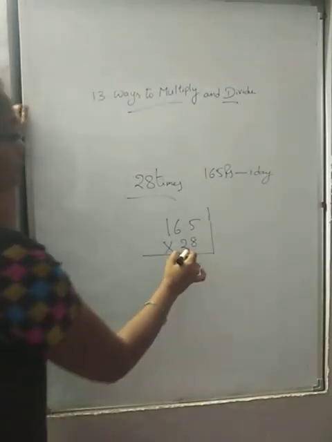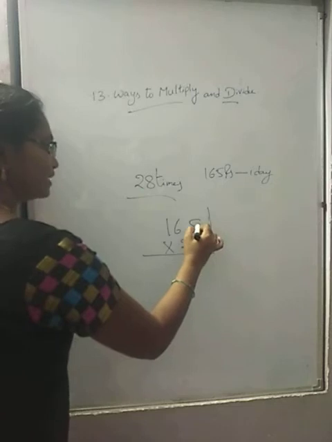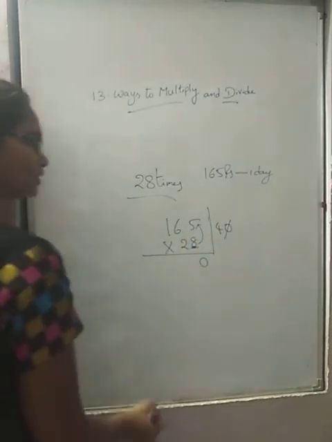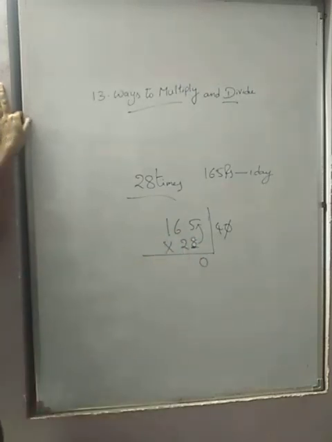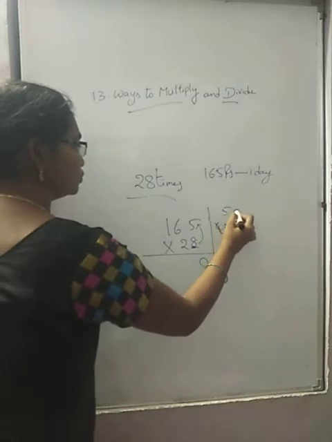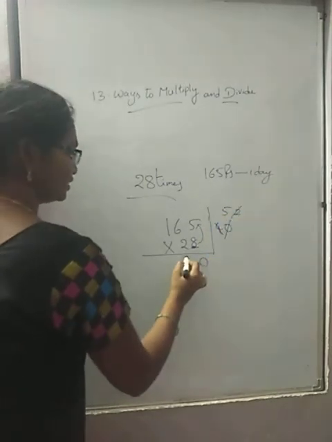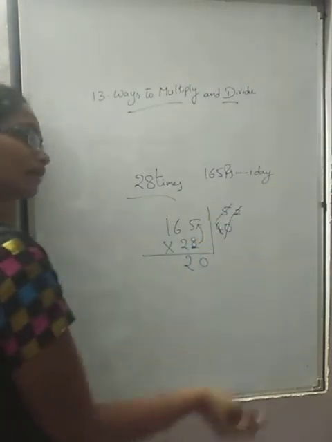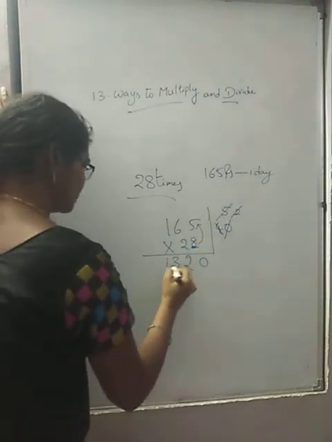See, 8 5s are 40. So, in ones place we should write here 0. 8 6s are 48. 48 plus 4 is 52. For this 52, we should write here in ones place 2. 8 1s are 8. 8 plus 5 is 13.